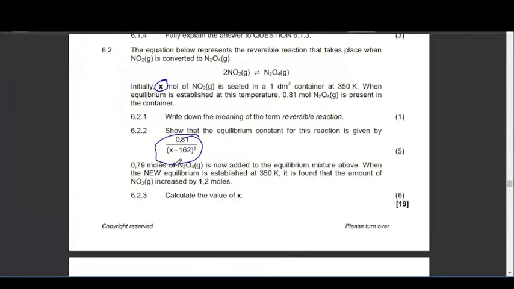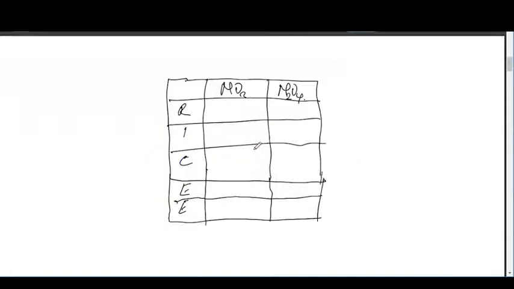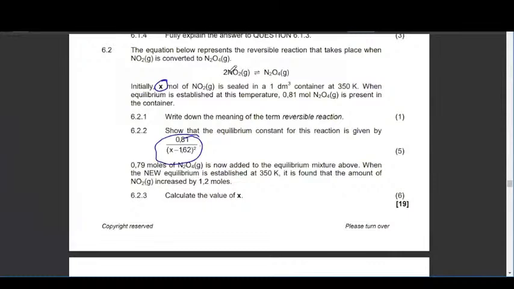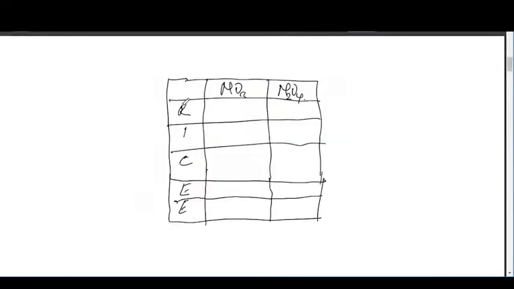Okay, now let's start. Fill in the information. What are they saying? They're saying that initially it is x of this. So what are we supposed to do here? Since we started with x, we shall come here and say that we started with the initial. This is a ratio of 2 to 1.